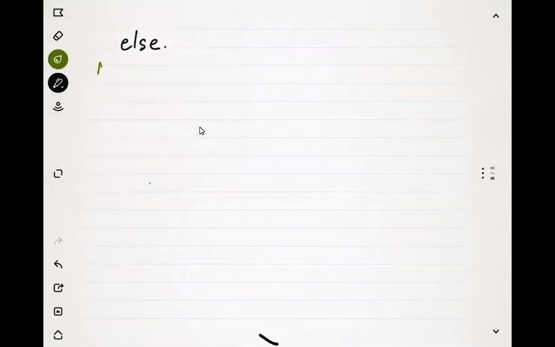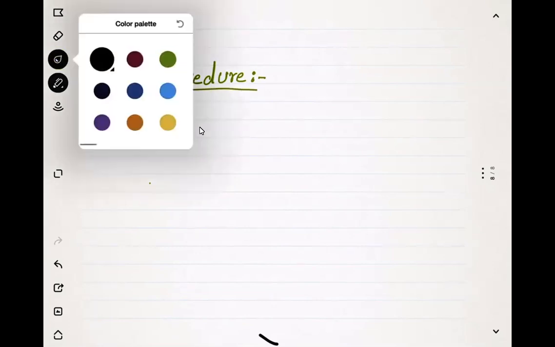In method or procedure, you have to write certain fixed points. These are the following points which you have to follow.